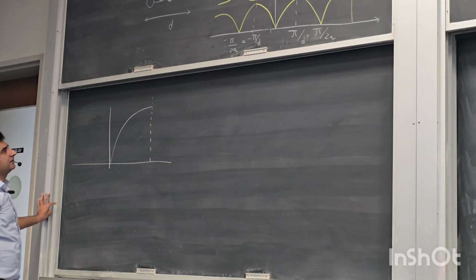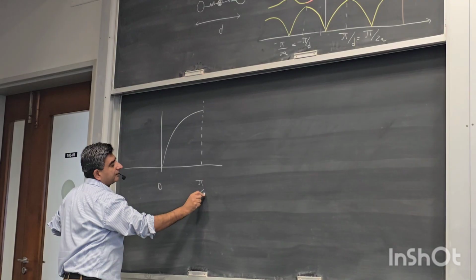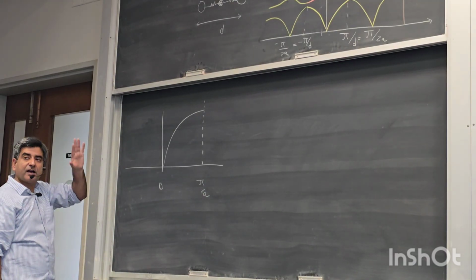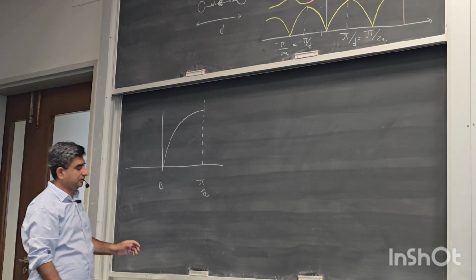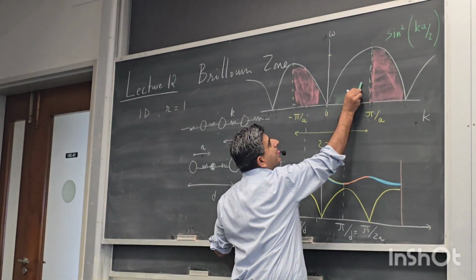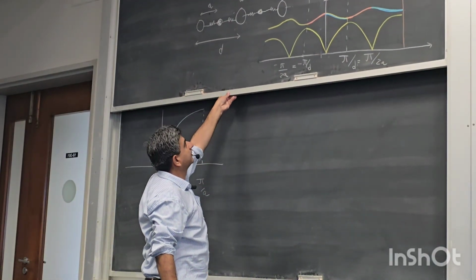This is the first Brillouin zone, half of the first Brillouin zone. So this is 0, this is pi over A. This is half of the first Brillouin zone, the region that I have over here. So I've just zoomed in onto this region and plotted it here.